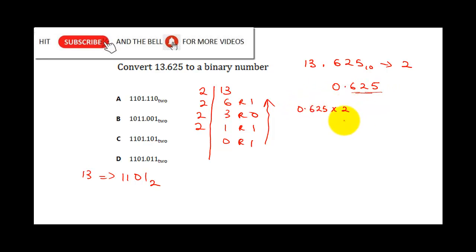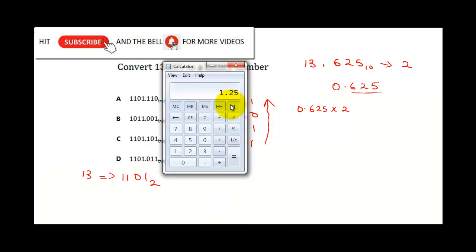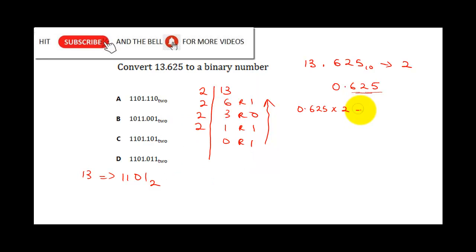In this case, we're going to use our calculator. 0.625 multiplied by 2 is going to give us 1.25.